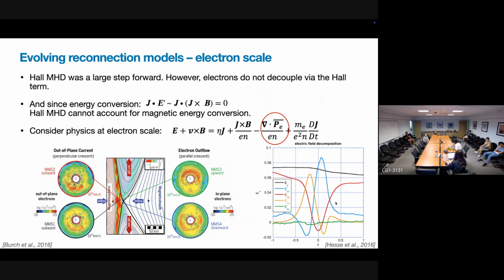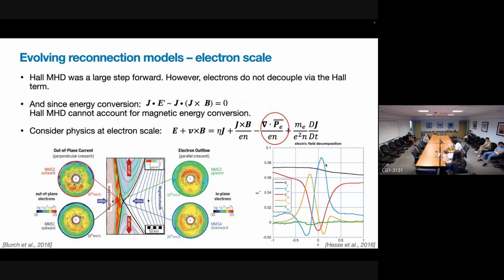On the bottom right here is a cut through the X line showing the different components of the electric field contributors. And you can see right at the very center, the biggest contributor is from the divergence of the electron pressure tensor.